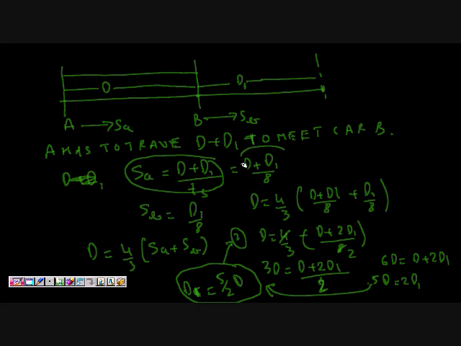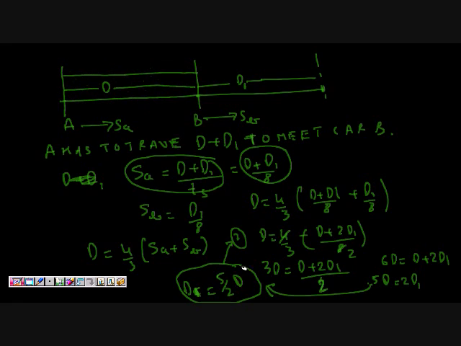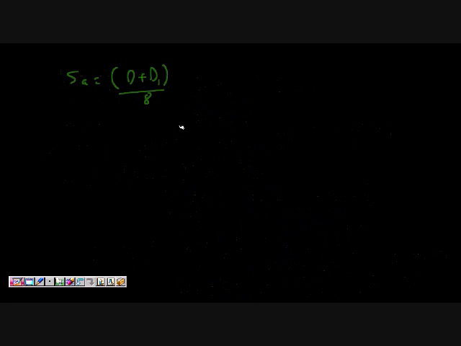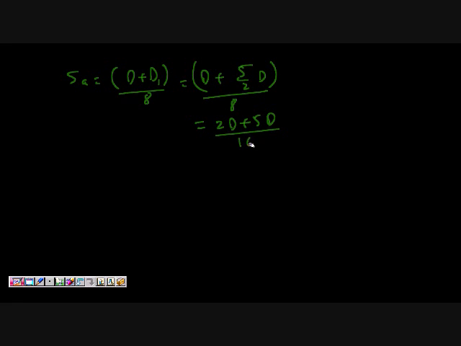And we know that D1 is 5 by 2 D. So we can write D plus 5 by 2 D divided by 8, which is 2D plus 5D divided by 16, or 7D by 16. So S of A is 7D by 16.